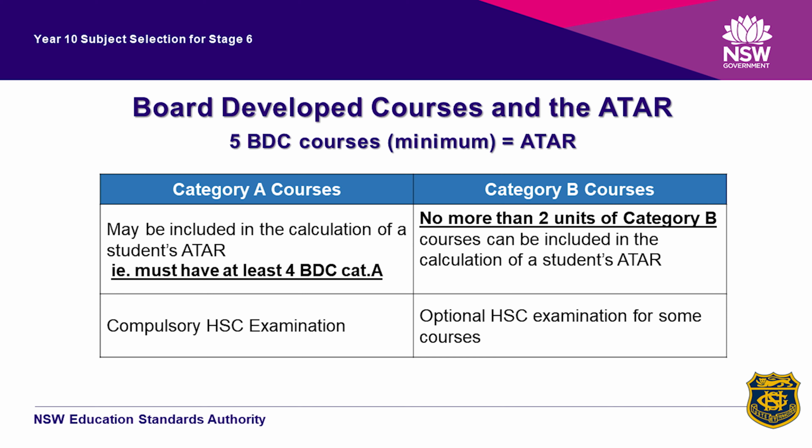Category B courses, whilst these subjects also contain high academic rigour, no more than 2 units of Category B courses can be included in the ATAR calculation. Examples include Human Services, Hospitality, English Studies and Maths Standard 1. Students must complete the optional exams in these subjects for them to be included in the ATAR.